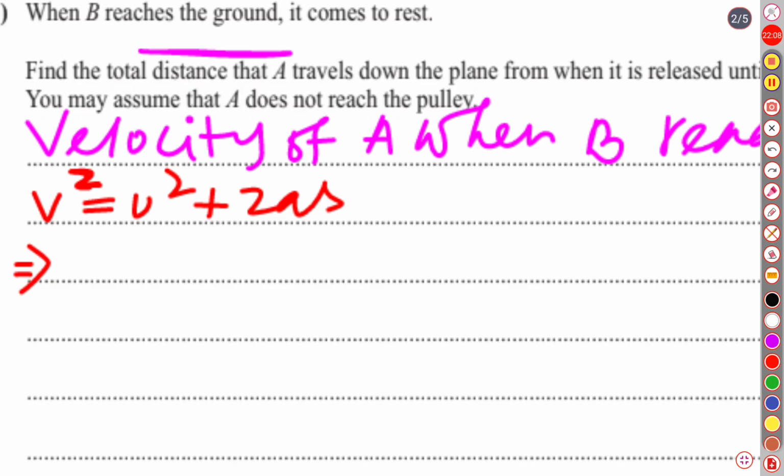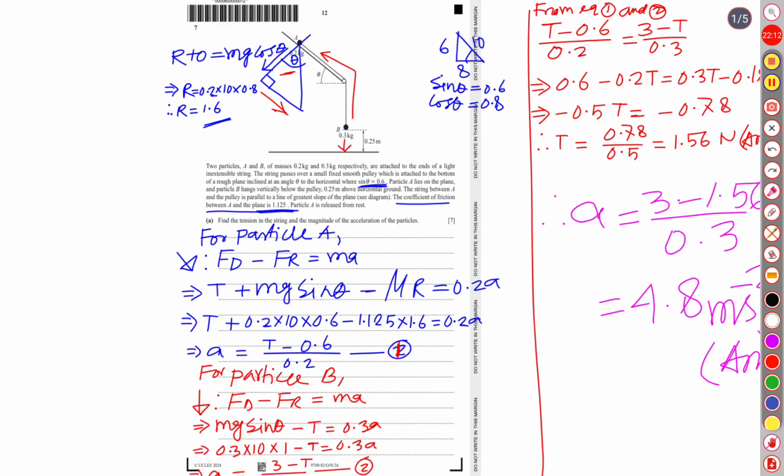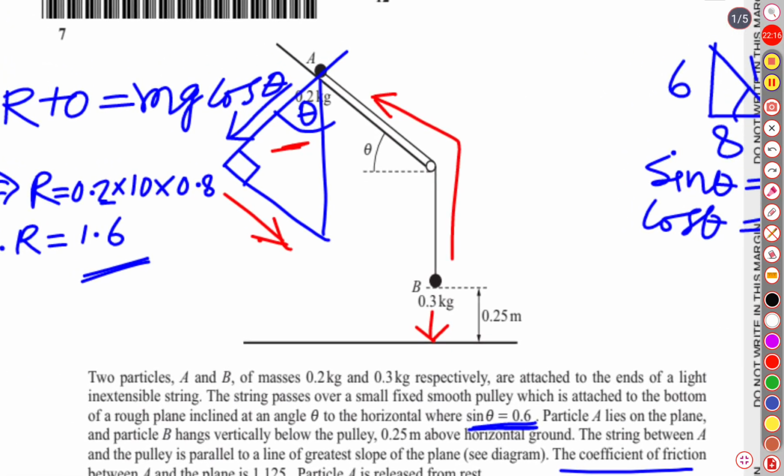Let me clarify this from the diagram. Look at this. The concept is when B reaches the ground, A was still continuing moving downward.